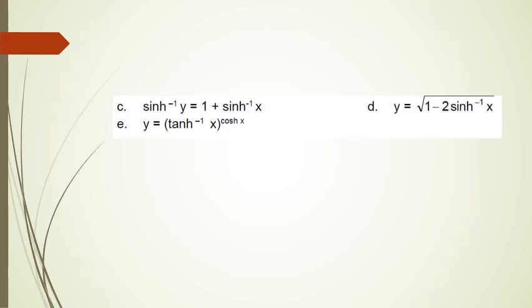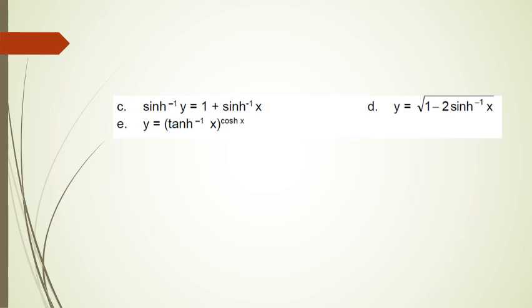For C, we have y here, so we know that we have to use implicit differentiation. So we have sine hyperbolic inverse y equal to 1 plus sine hyperbolic inverse x.